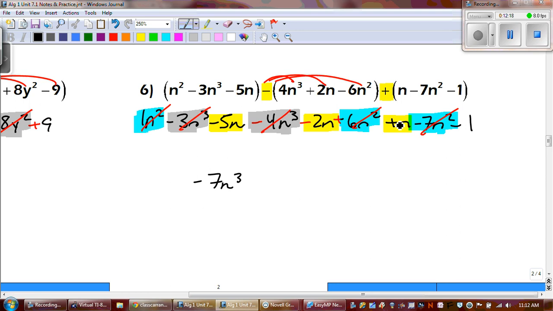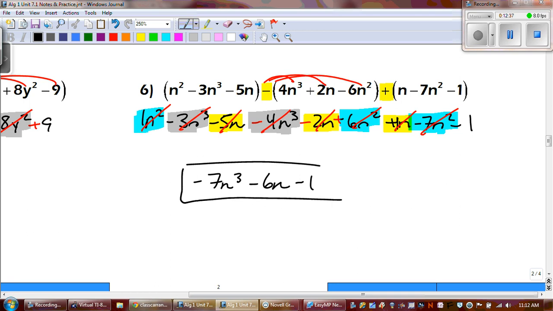And remember, if you need to put a 1 in front of those, do it. -5 minus 2 plus 1. Well, -5 minus 2 is -7. -7 plus 1 is -6. And then the last term, -1. So -7n cubed minus 6n minus 1. All right, and that's it.